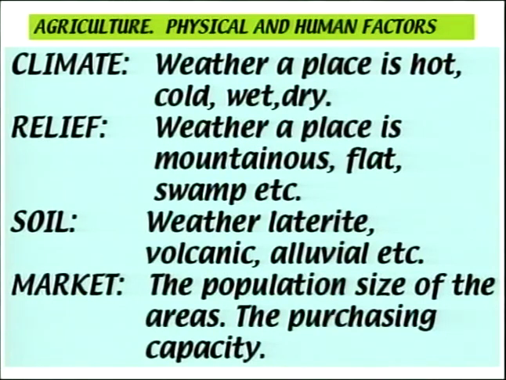Okay, another important factor is that of market. And when we talk about market, we are not looking at, for example, Gordon's market or Koki market. No. We are actually looking at the population size in the particular area where farming or agriculture is taking place.